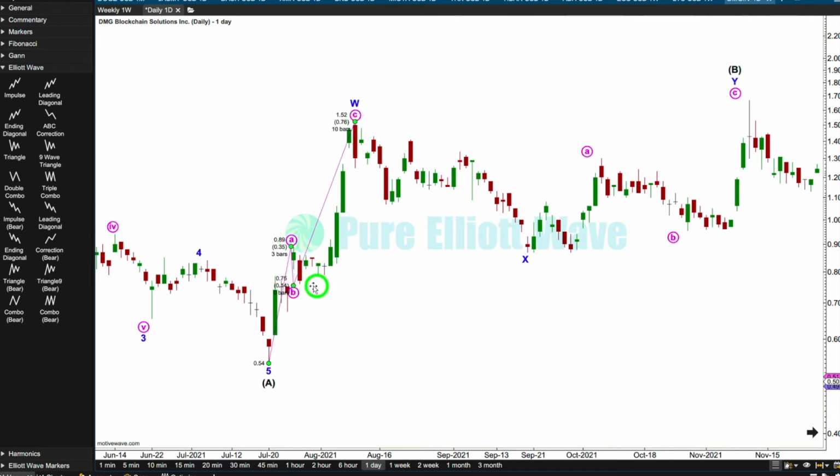This A doesn't look very good at all. That B, no, that's not going to be a triangle. Oh, I don't know if that looks very good.